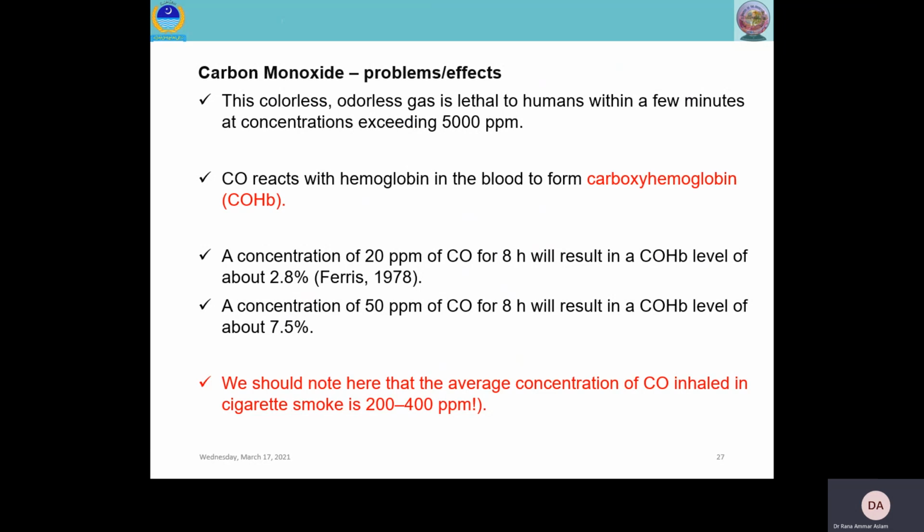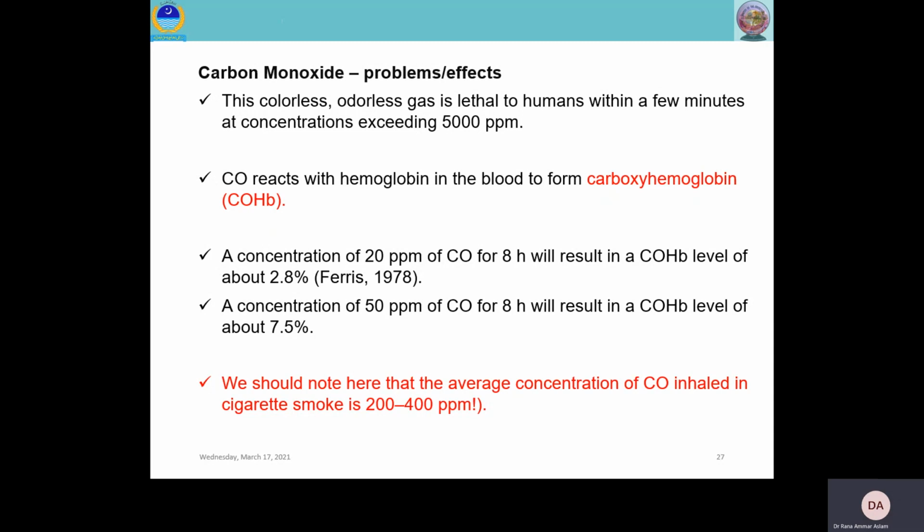Carbon monoxide reacts with the hemoglobin in the blood to form carboxyhemoglobin. Carboxyhemoglobin is a substance which promotes the absorbance of carbon monoxide.